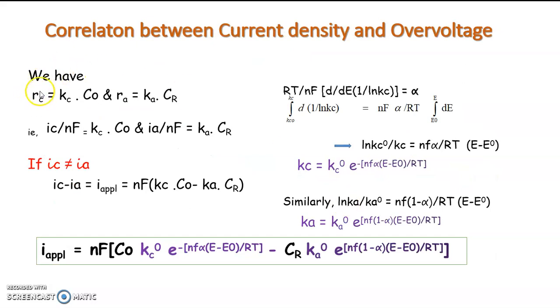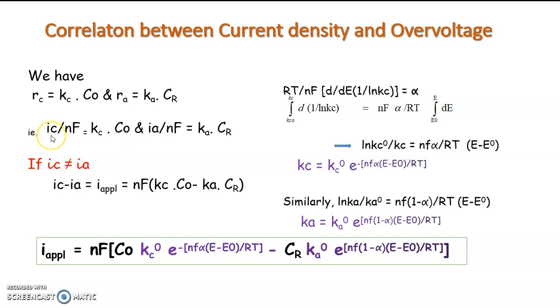Then we have this equation from the previous lecture. Rc, we know, is Ic by nF, and Ra is also Ia by nF.